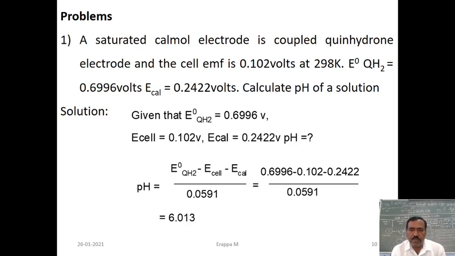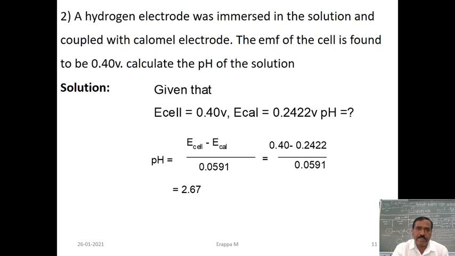Substitute all the values: 0.6996 minus 0.102 minus 0.2422, divided by 0.0591. After simplification, pH is equal to 6.013.